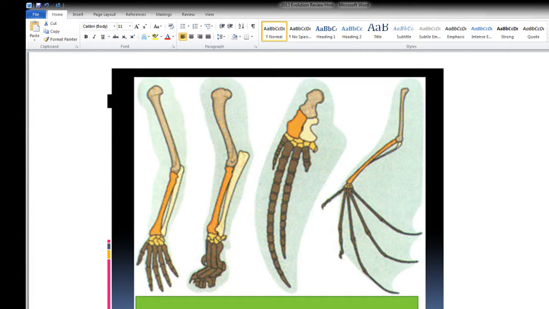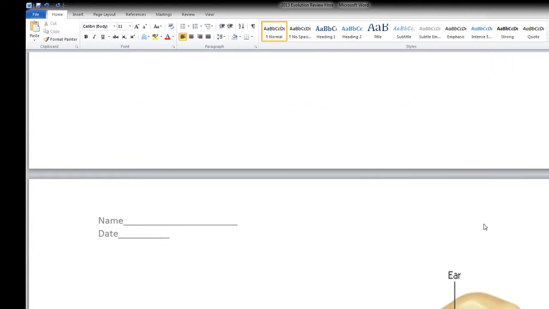A bone from a common ancestor that has no use. So homologous and vestigial are from a common ancestor, and analogous is not. And there's the big diff.